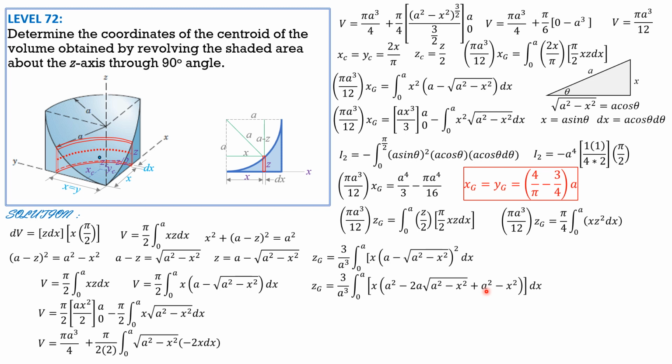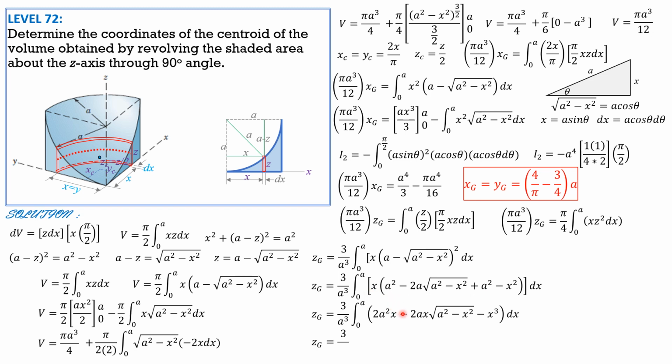So expanding, g sub z is 3 over a cubed, integral from 0 to a of x, then a squared minus 2a square root of a squared minus x squared plus a squared minus x squared, after we expand this raised to 2. So combining, we have 2a squared x.